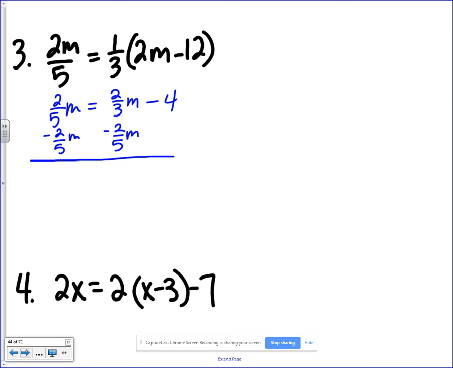Two-fifths is smaller than 2/3. Okay, so you move that over.